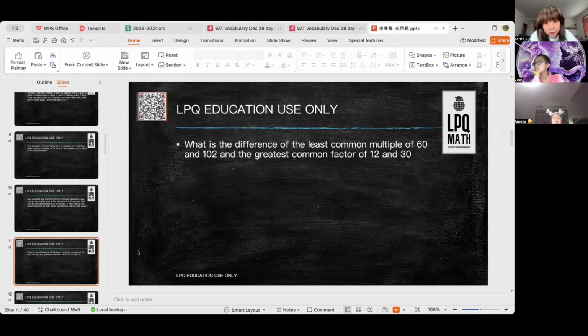So you have to find the lowest common multiple for 60 and 102, calculate the GCF of 12 and 30, and subtract them, and that's the difference. Remember I told you, when we're talking about the difference, that means you subtract them, right? Yeah.